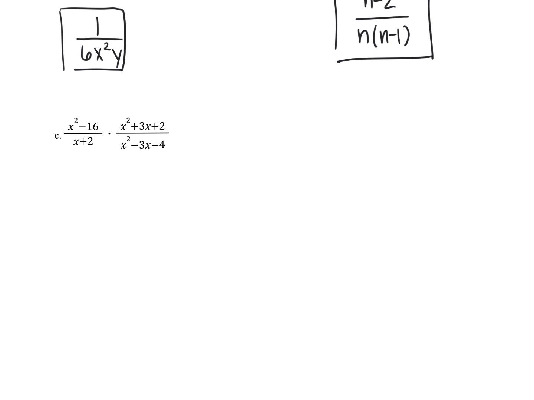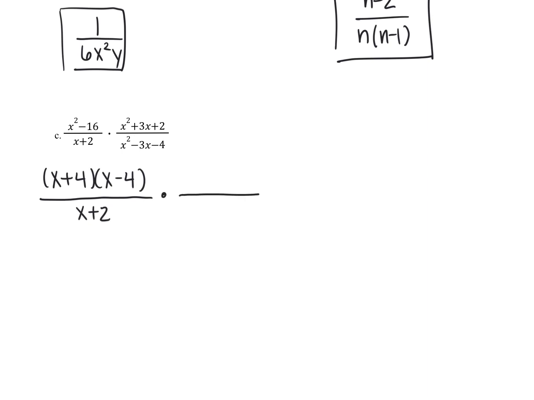Our next example, we have x squared minus 16 over x plus 2 times x squared plus 3x plus 2 all over x squared minus 3x minus 4. So x squared minus 16 is a difference of squares. It's going to factor as x plus 4, x minus 4. And in the denominator, we have x plus 2.